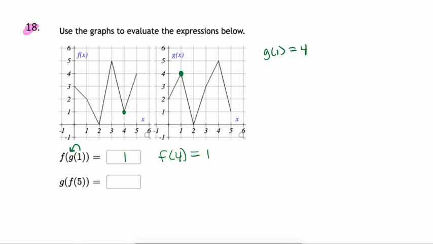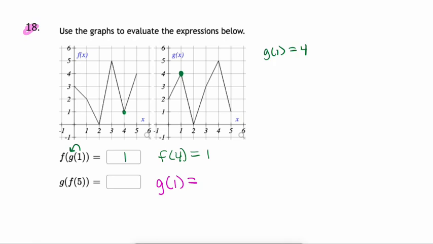Okay, now let's do the bottom one. If I plug 5 into my f function, I get 1. So this is really just g of 1. It's like those ones we connected with the table. So if I go to 1 on my g function, am I totally backwards? Wait a second.